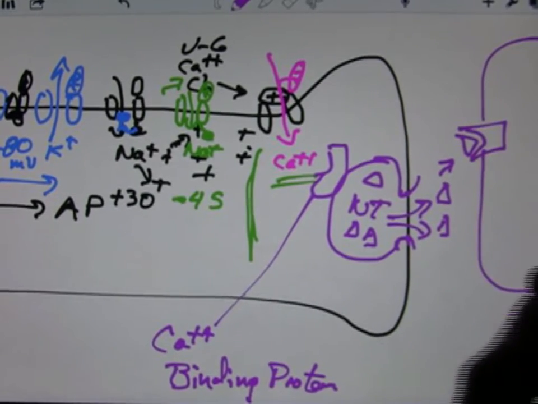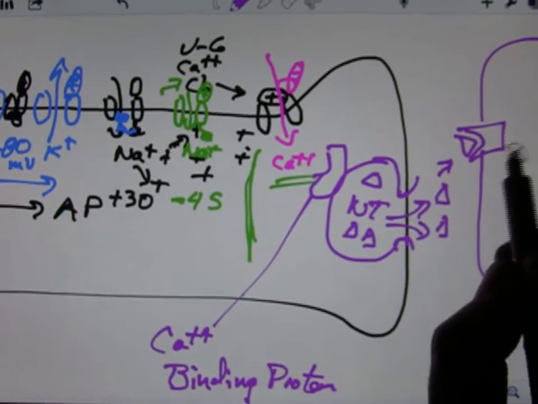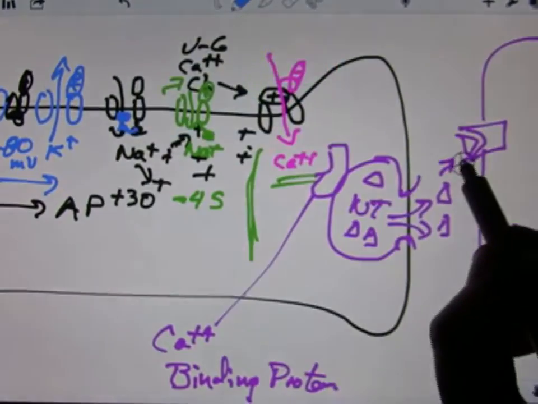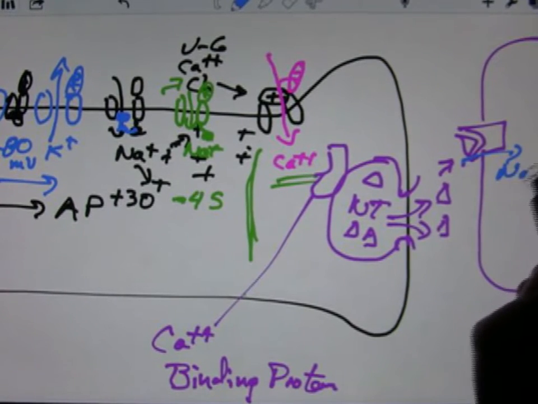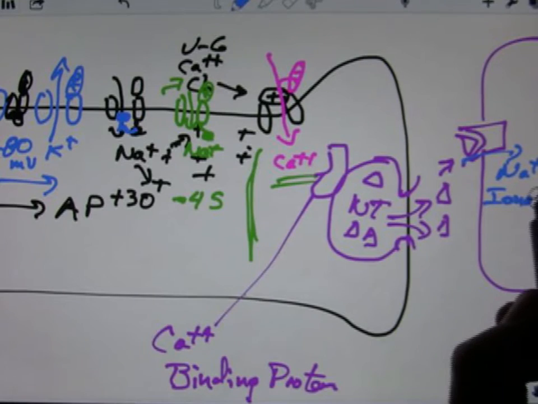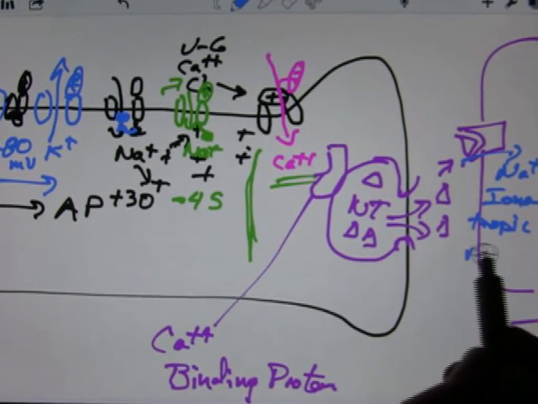and then either the neurotransmitter receptor is an ion channel, and if it is an ion channel, that will allow sodium in. That would be an ionotropic receptor.